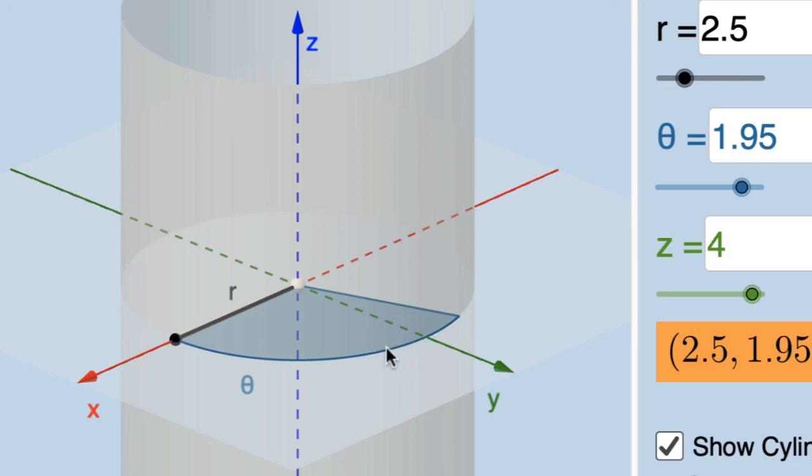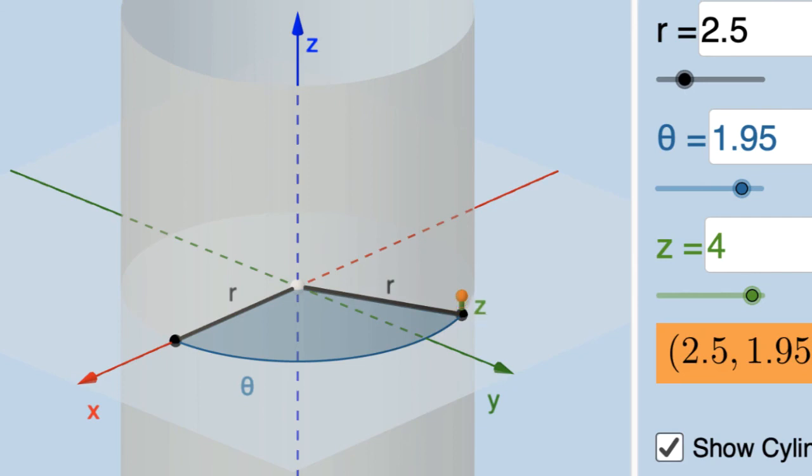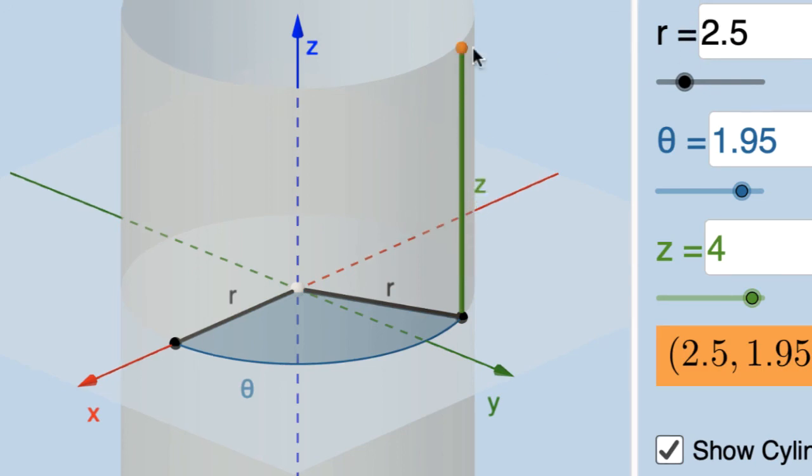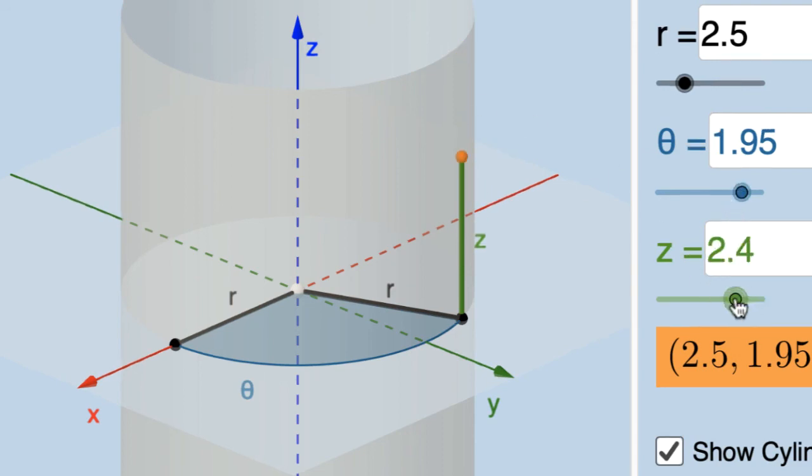But now in cylindrical coordinates, you can also specify the height of the point. So now we have to increase our height by an amount of 4 because that's the value of c. And so this is the point specified in cylindrical coordinates. And again, you can start moving around any of these coordinates while fixing the other two.